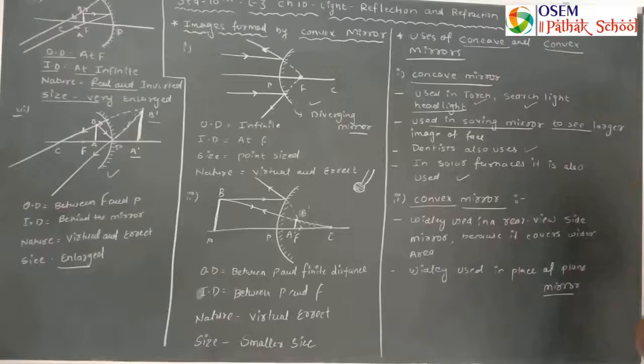Now the second, uses of convex mirror. What are the uses of convex mirror? Convex mirror is widely used as a rear view side mirror in all types of vehicles. Why? There is a reason.